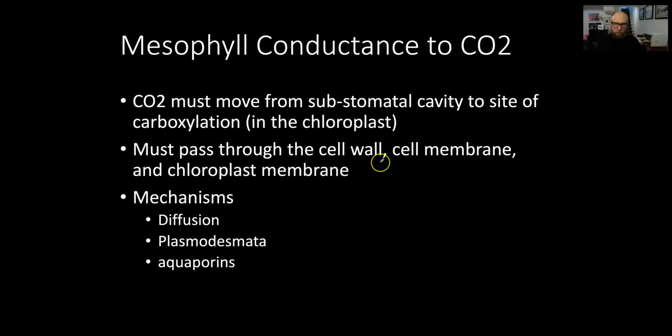It must pass through the cell wall and the cell membranes. And it does that primarily through two mechanisms, through plasmodesmata and aquaporins. Plasmodesmata are just channels in the cell wall. And so some molecules can pass through the plasmodesmata. And so that's one way for CO2 to get into a cell.